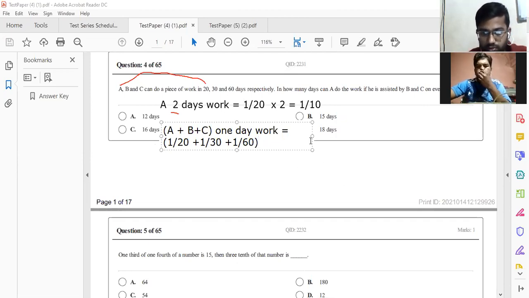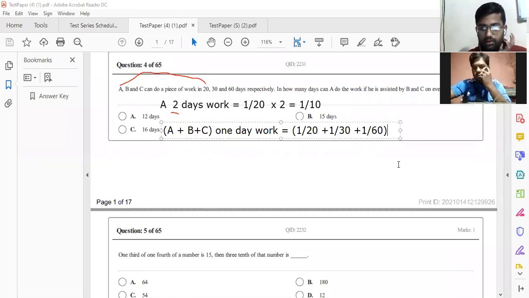This will be the 1 day work of A plus B plus C. Clear?